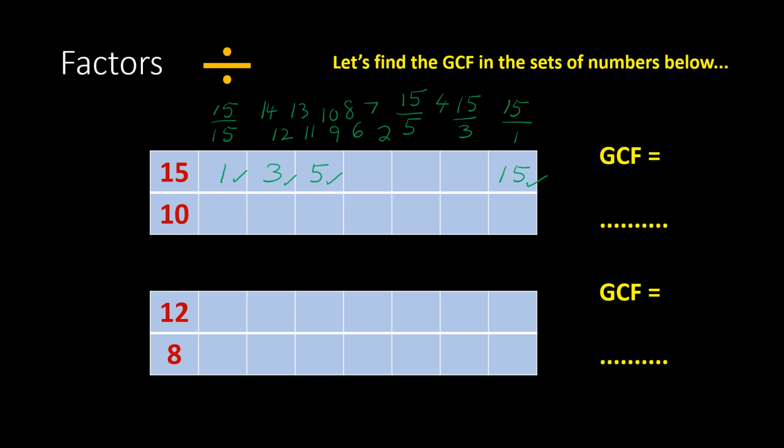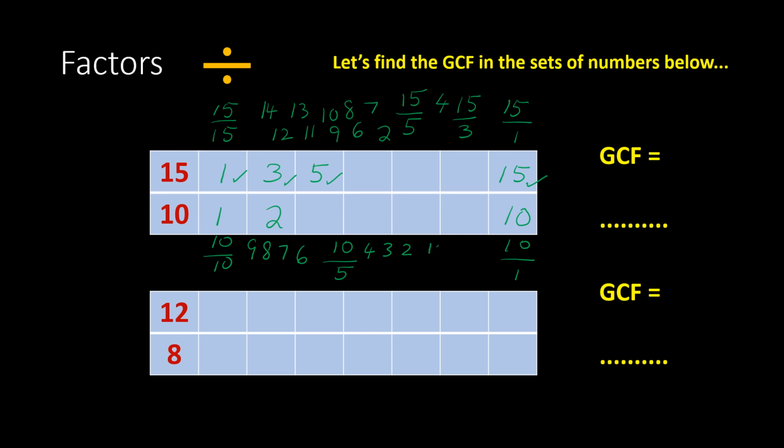Let's try 10. So 10 divided by 10 gets 1. And we know there is a 10 at the end, because there will be 10 divided by 1. What about numbers in between? Can we divide by 9? No. 8, 7, 6. How about 5? Yes. 10 divided by 5, you get 2. 4, 3, 2.